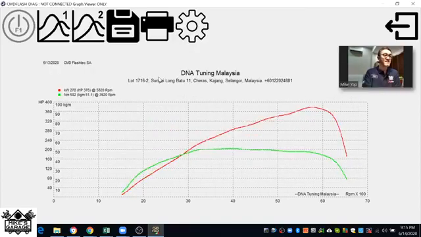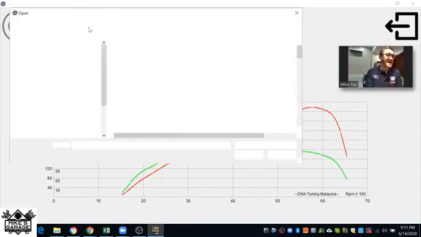A45 stock run, that's the stock run here. This was a car I did yesterday. With the stock run yesterday, this particular vehicle was kicking out 378 horsepower at 5,800 RPM and 502 Newton meters.